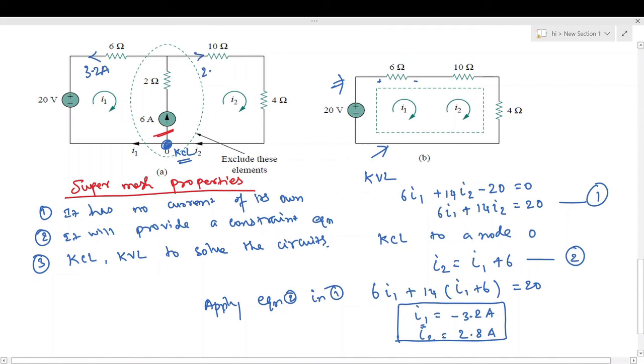The current flowing through the 2 ohm resistor will be 6 amps. Here 6 amps is flowing, and from here the current gets divided: 3.2 amps flows through the 6 ohm resistor and 2.8 amps flows through the 10 and 4 ohm resistors. This is how we can solve circuits using mesh analysis.